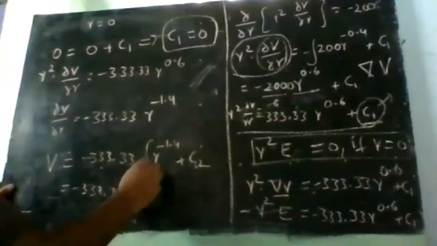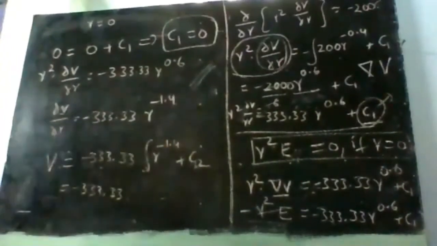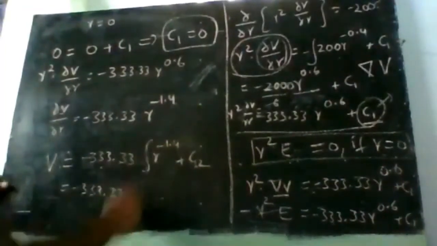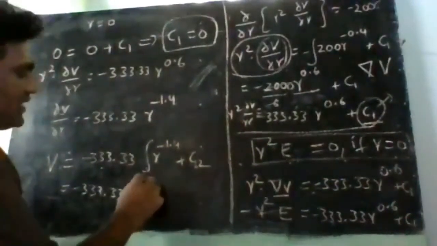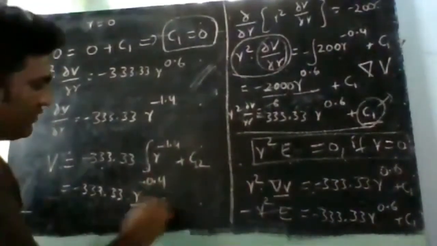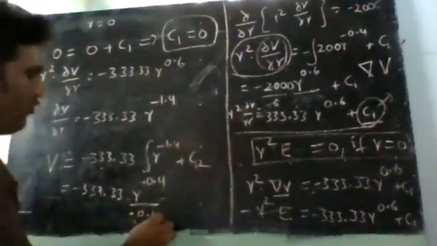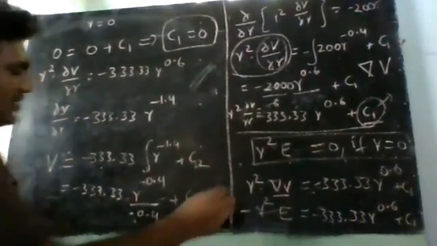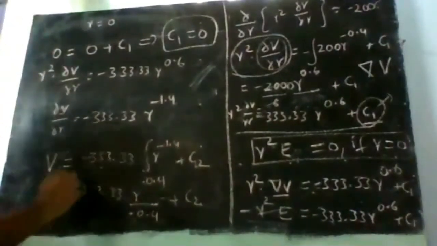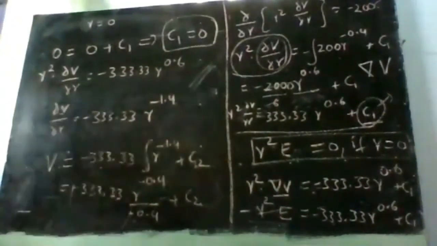So this is equal to minus 333.33 into the integral of R power x. Again, the integral of R power x is R power x plus 1 by x plus 1. So what is R power minus 1.4 plus 1? That is R power minus 0.4, divided by minus 0.4, plus C2. Now the minus gets cancelled.